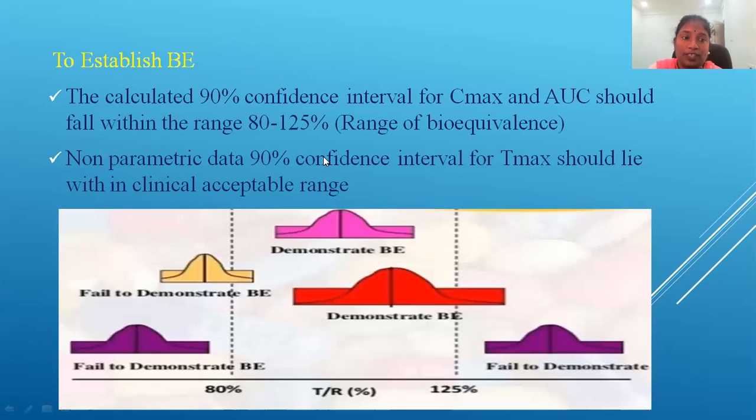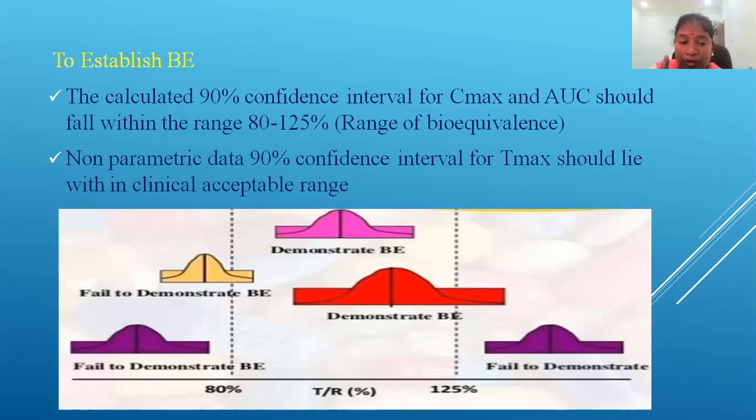Next one, establishing the BE. How do we do it? The calculated 90% confidence interval of the Cmax and AUC should fall within the range of 80 to 125. We have to consider 80 to 125 percent of the bioavailability only. See, bioavailability is always expressed in percentage.